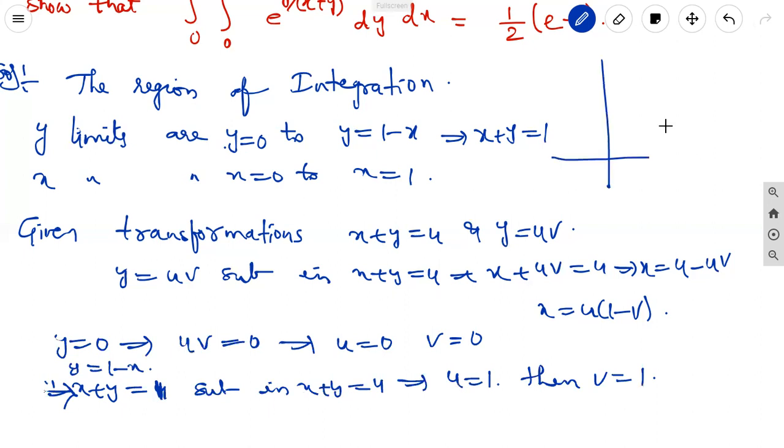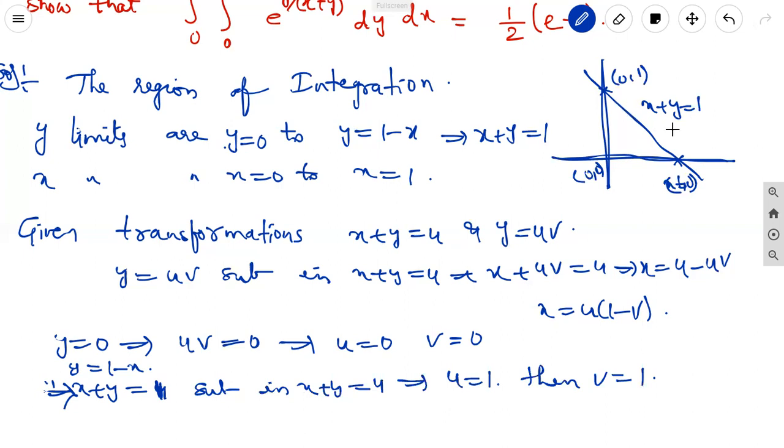Here, x and y are in the x plus y equal to 1, which is one line equation, and y equal to 0 is another line equation. The points are 1 comma 0, 0 comma 0, and 0 comma 1. These are the limit values.